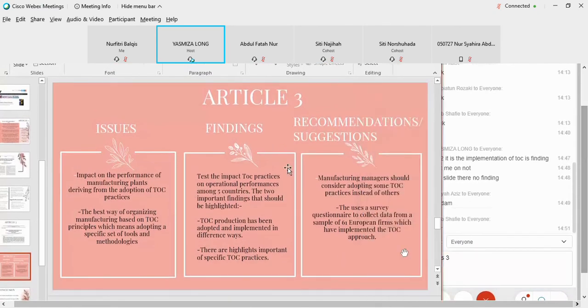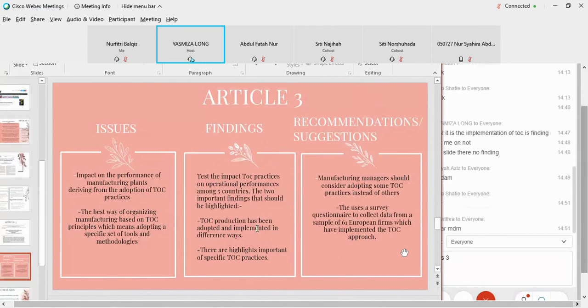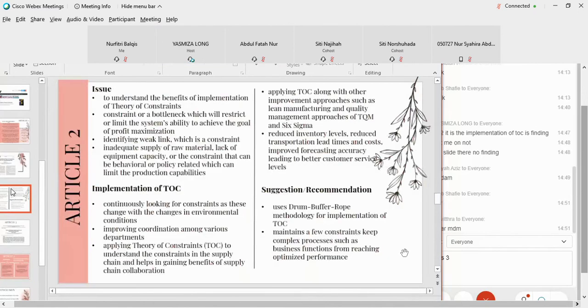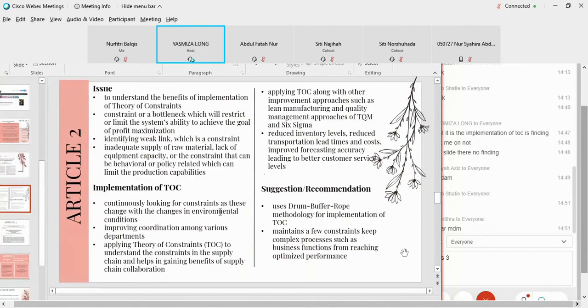But the article tu, they have no finding. I don't know which one is the finding. Is it the implementation the finding? So from the article 3, dia dah mention already. But from the article 2, we are not sure is the implementation of TOC the finding or not, or they just suggest.